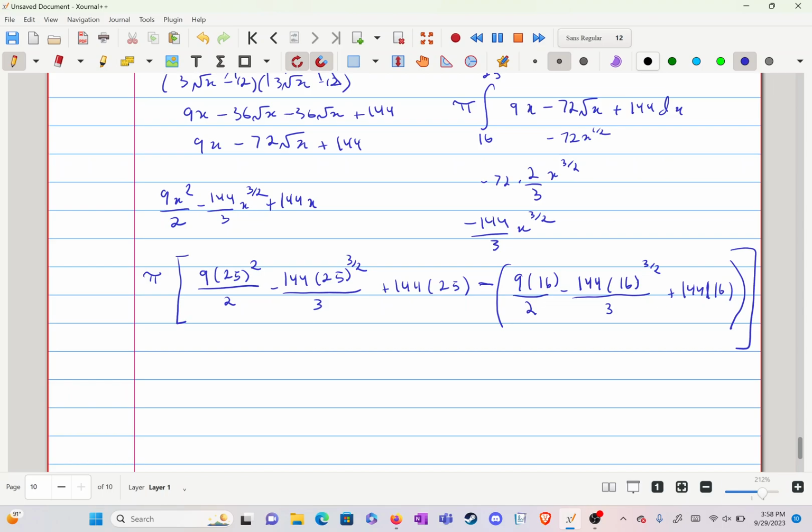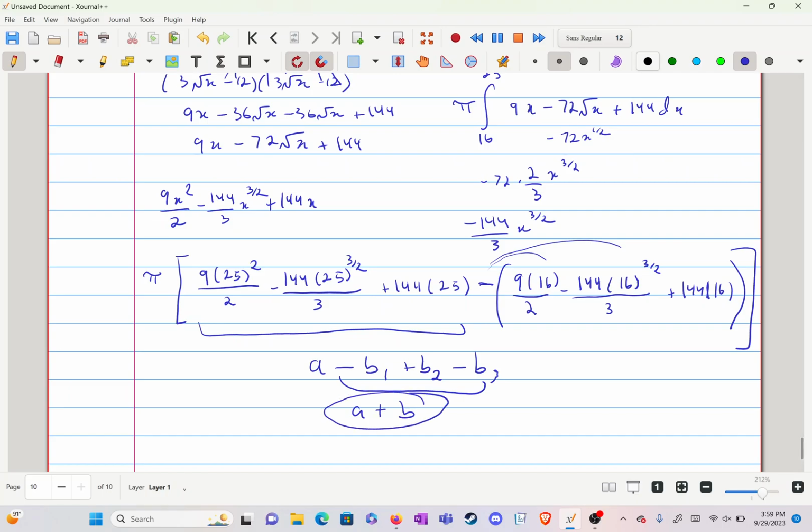And so remember, when you evaluate this, you're going to get a value from here. So we have a value, let's just call it A. And then you have to subtract all of this. So we're going to have minus B1 plus B2 and minus B3, and all of these will equate to a B. You're going to have A combined with B, whatever value it is, times pi.